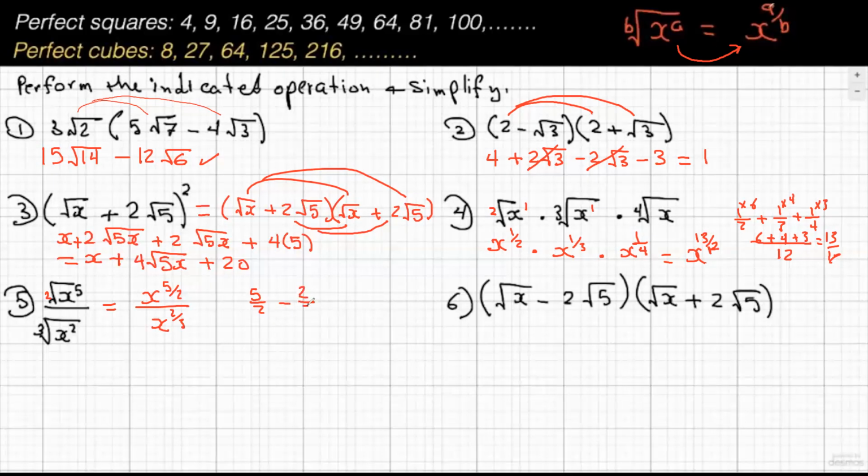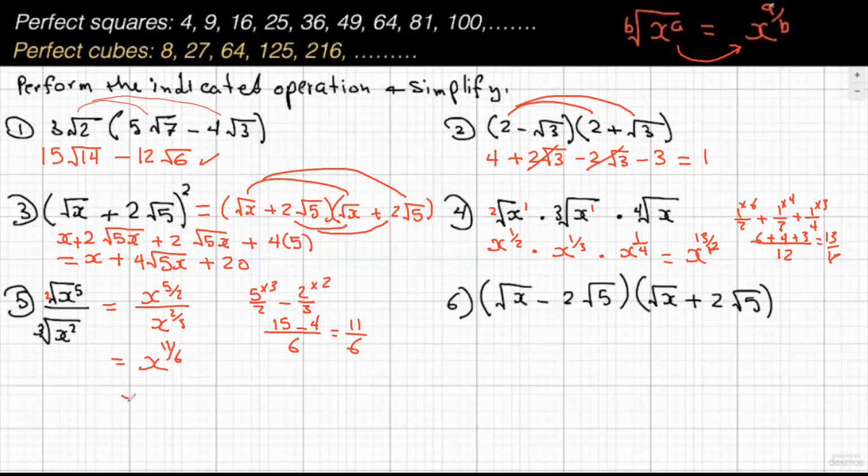The common denominator here is 6. 6 divided by 2 is 3, so I'm going to multiply the 5 by 3, and I get 15. And sorry, there's a minus. 6 divided by 3 is 2, so I'm going to multiply that 2 by 2, and I get 4. And this is going to be 11 over 6. So the answer for this one is x to the power of 11 over 6.